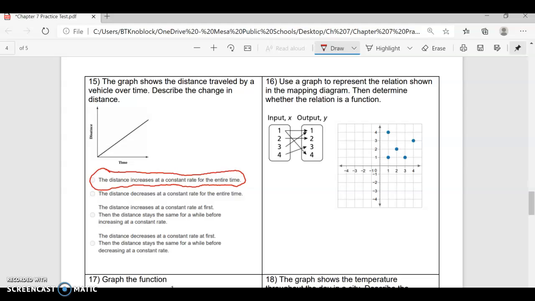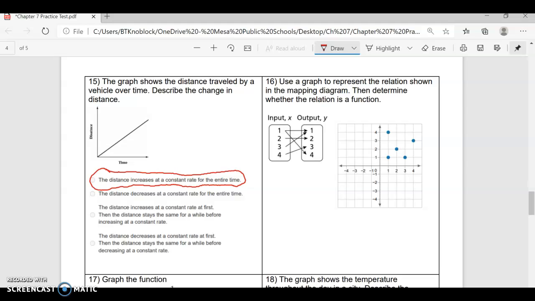16. Use a graph to represent the relation shown in the mapping diagram. Then determine whether the relation is a function. So we have to do our ordered pairs. 1, 1, and 1, 4. Then 2, 2, 3, 1, and 4, 3.